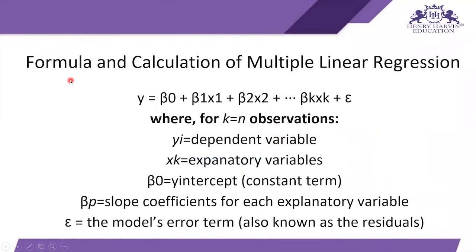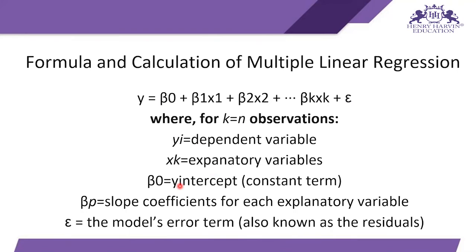Next comes the formula and calculation for multiple linear regression. y is equal to beta 0 plus beta 1 x1 plus beta 2 x2 plus up to beta k xk, plus epsilon, for n observations. Here y is the dependent variable, and all the x variables are explanatory variables.